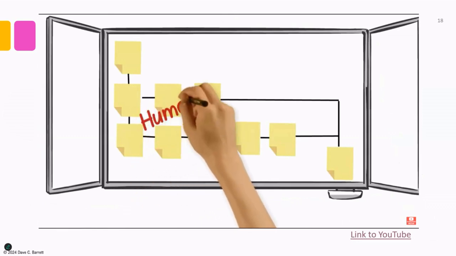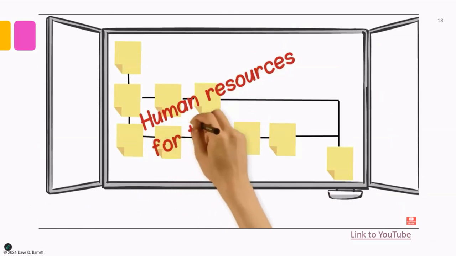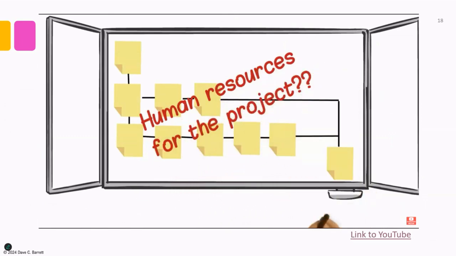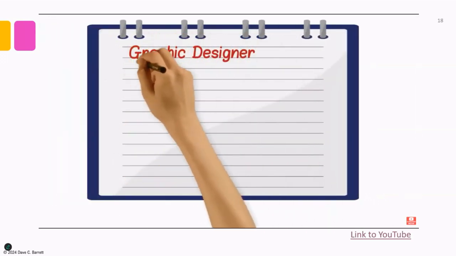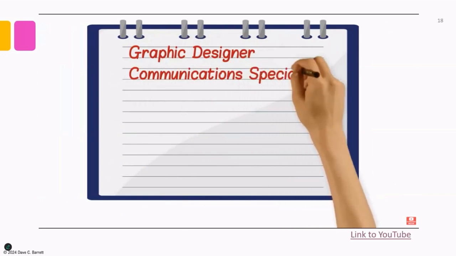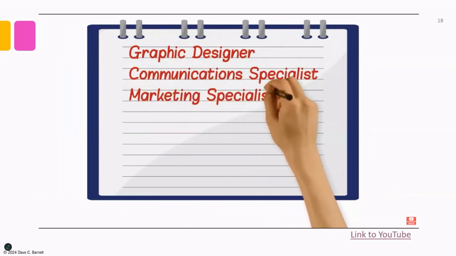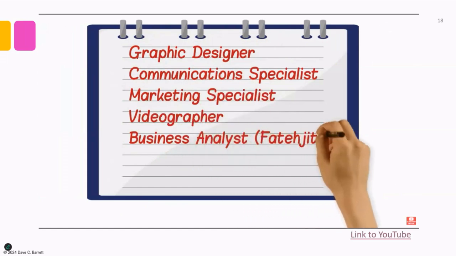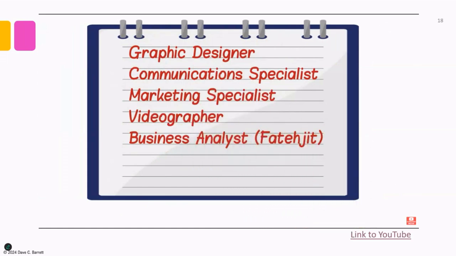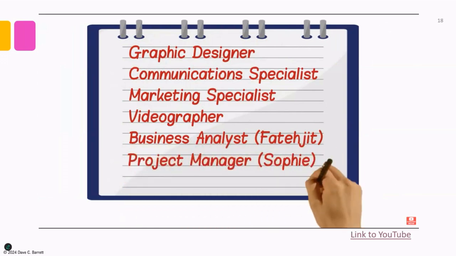Her next step is to consider the human resources who will be assigned to the project. Based on the work required for this project, she writes the following requirements on her notepad: graphic designer, communications specialist, marketing specialist, and videographer. In addition, a business analyst, Fatijit Kumar, was assigned to help plan the project scope. Sophie's expertise as project manager will also be needed throughout the project.